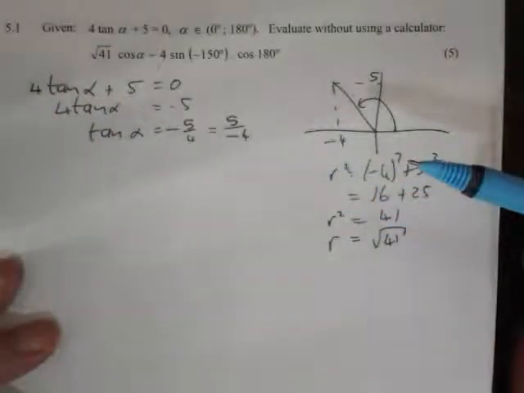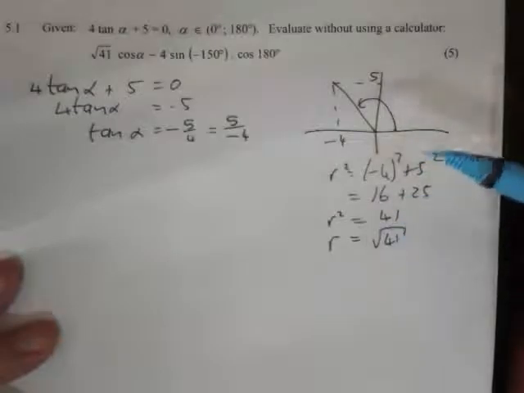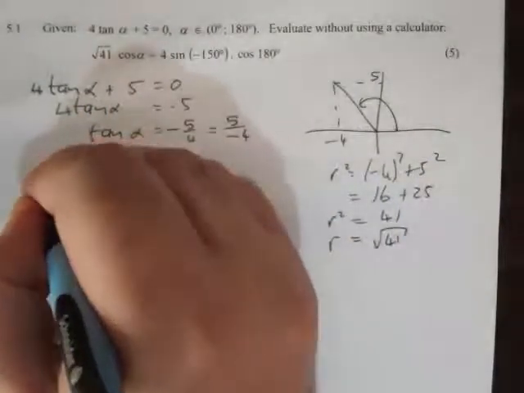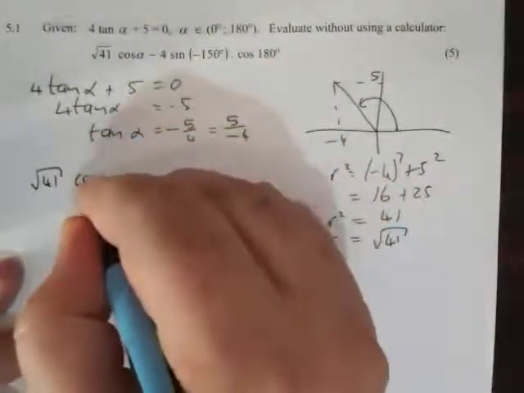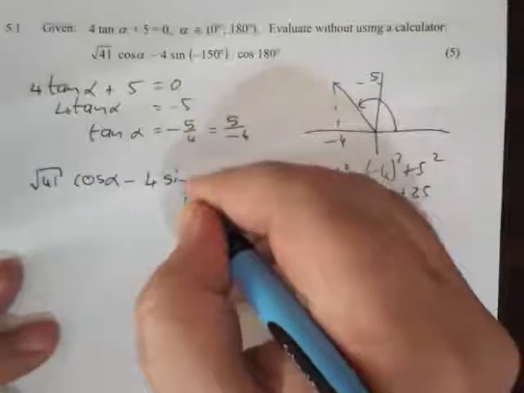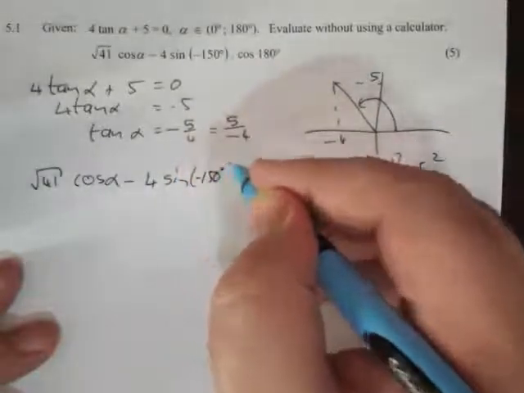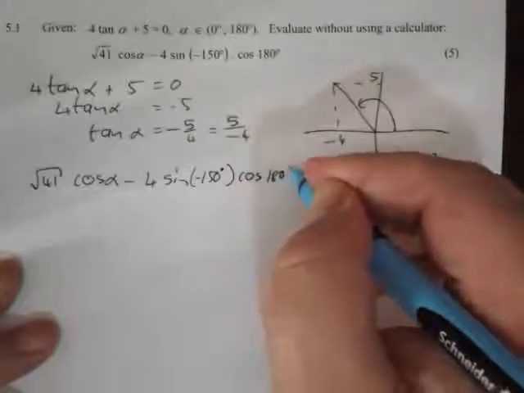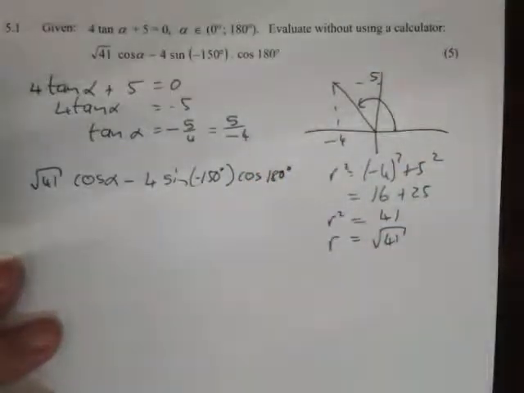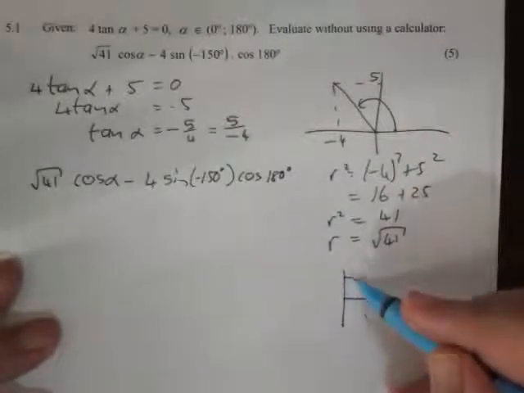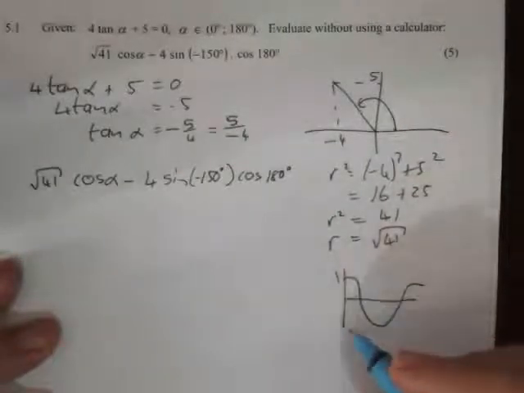Okay, so now we've got all the preparation done to do the sum. Square root of 41 cos of alpha minus 4 sine of minus 150 degrees cos of 180 degrees. Okay, so for the cos of 180 degrees, I'm going to draw a quick cos graph.